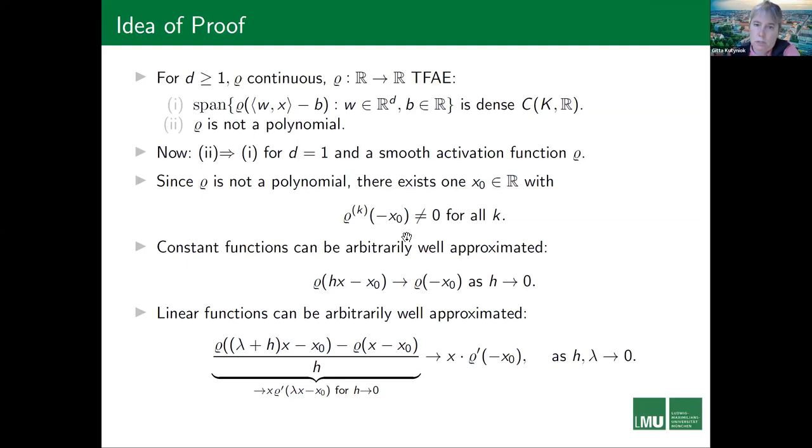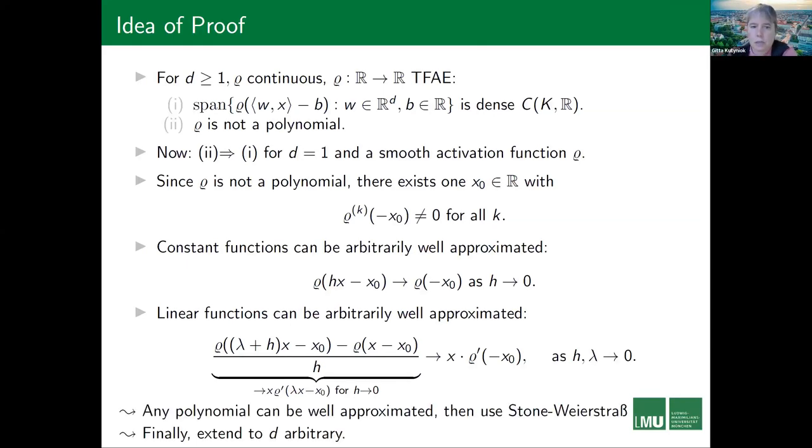This is again not equal to 0, so again I can multiply it with any element. That means I can approximate any linear function, and so on. You see this can go on and on, and basically that way one can show that any polynomial can be well approximated.